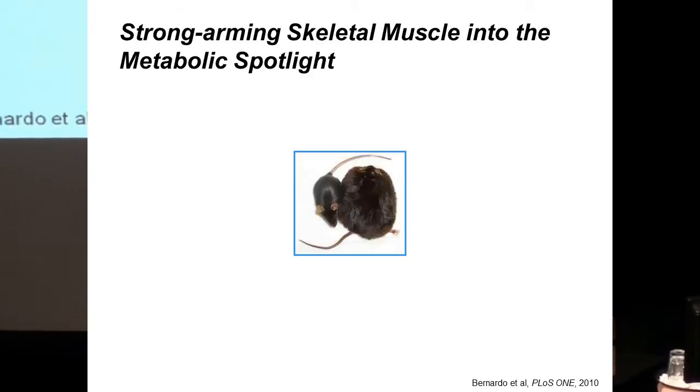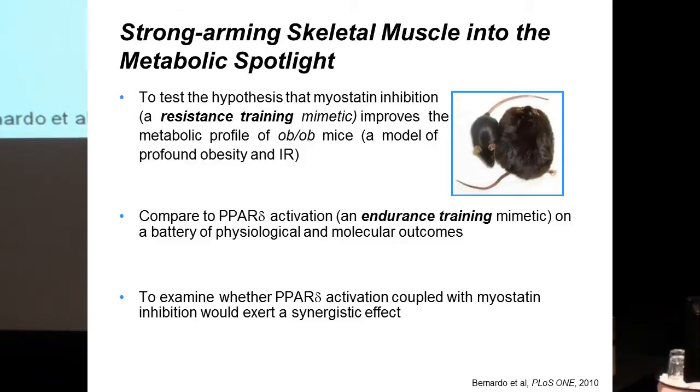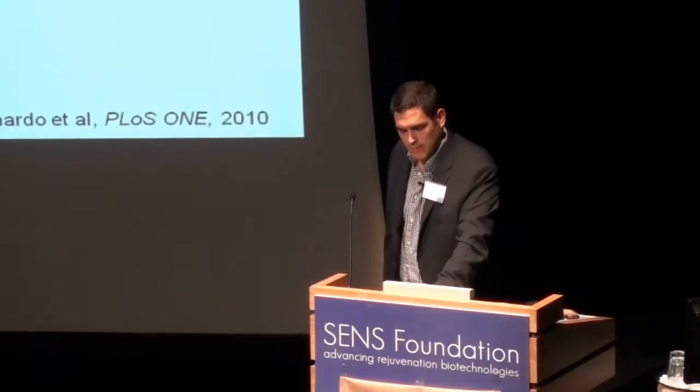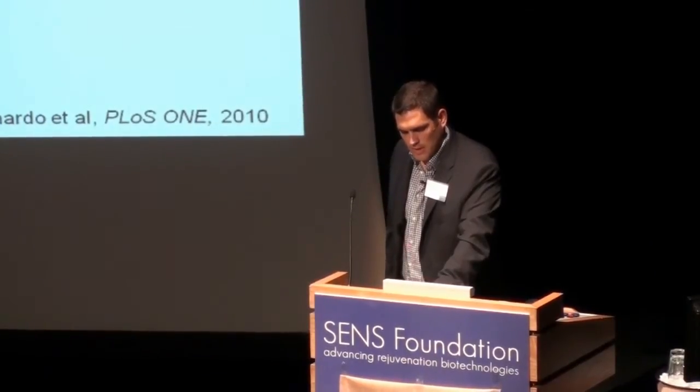We did an interesting study here using the myostatin antibody, but instead of coupling it with exercise training, we used an endurance training mimetic, a PPAR delta agonist that induces mitochondrial biogenesis and increases genes involved in fatty acid oxidation. So here is a story about comparing the effects of myostatin inhibition to PPAR delta activation, again, alone and in combination, to see if the profound changes of increasing muscle mass actually have metabolic benefits.